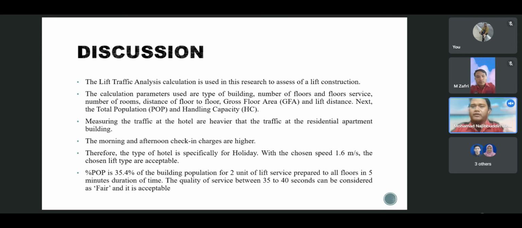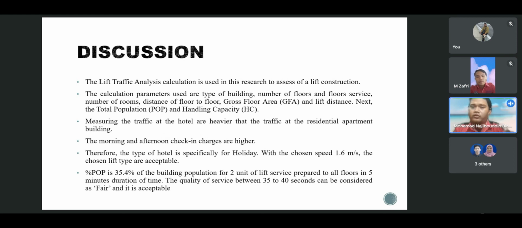Usually the traffic at a hotel is heavier than at a residential apartment because the morning and afternoon check-in and check-out are higher. Residential structures have two-way traffic. However, there is more down travel in the morning and more incoming traffic in the evening.